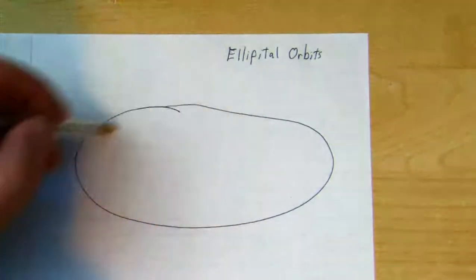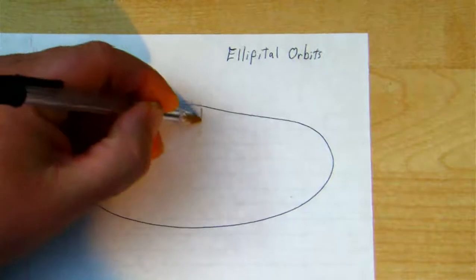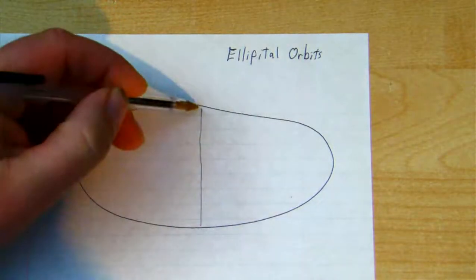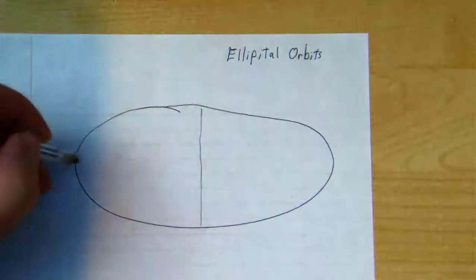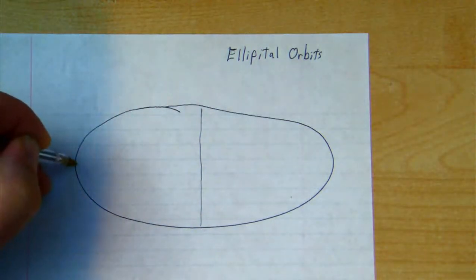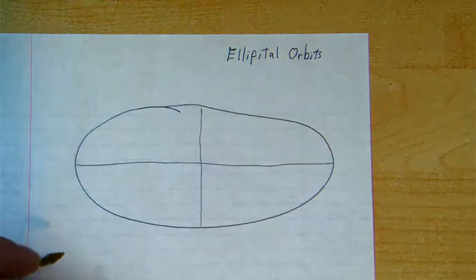And what he figured out is that when you have an ellipse, there's the center of the ellipse. This line I just drew is called the minor axis. Then there's the long length of the ellipse. That's called the major axis.